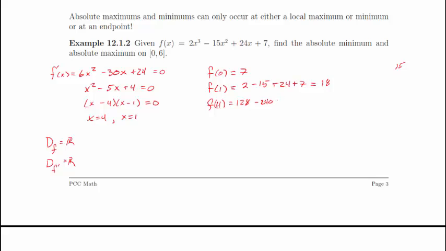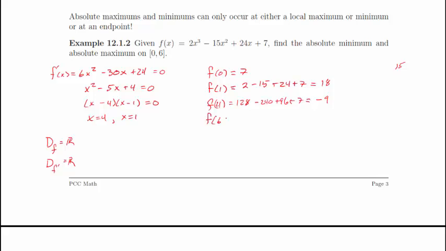There we go. Plus 24 times 4, 48, 96, plus 7. So here we've got 128, 135, 141, 231, minus 240 is negative 9.